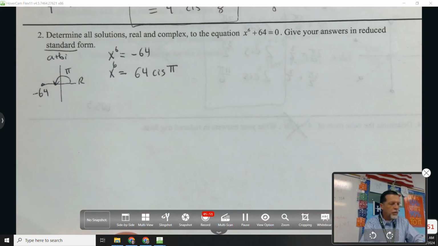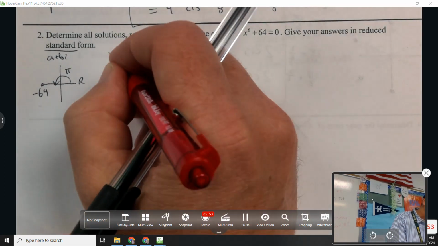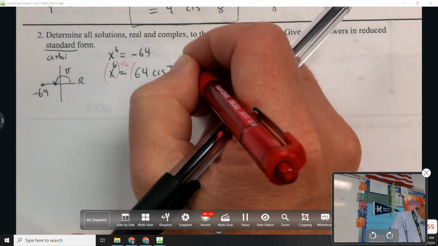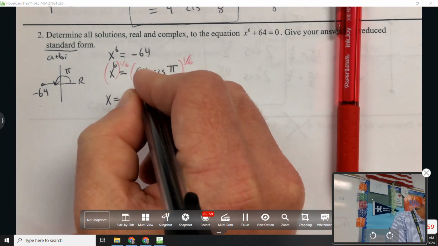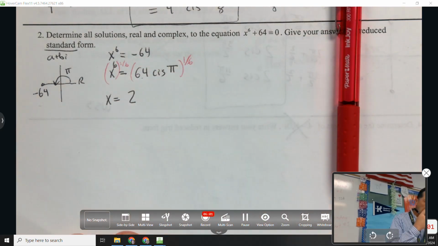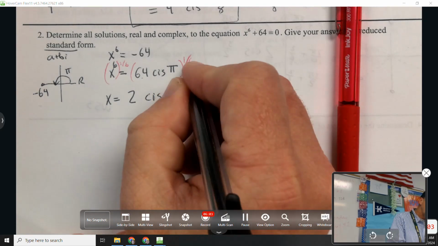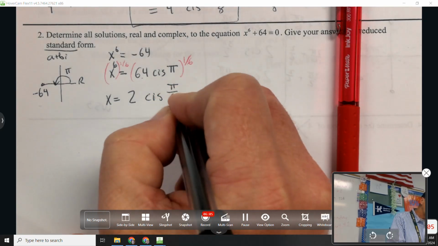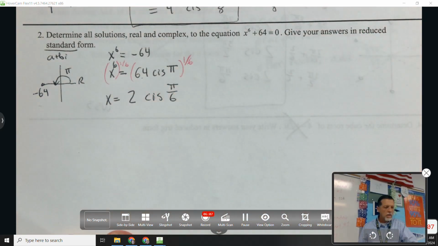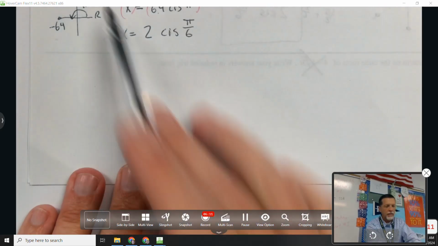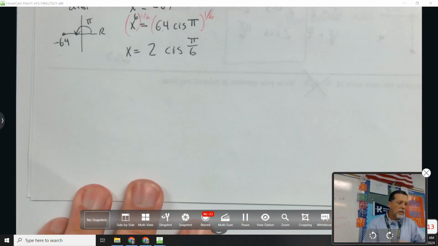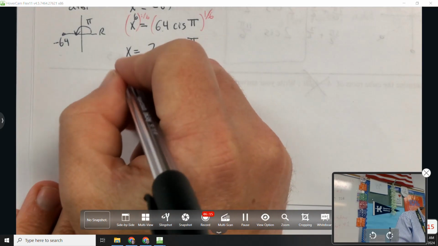Now we're eligible to use the 1/6 trick. So the 6th root of 64 is 2. Divide the angle by 6, we get pi over 6. And I'm trying to leave room on the right because I know I'm going to have to convert in a minute. So I'm going to do my scratch work here on the left.